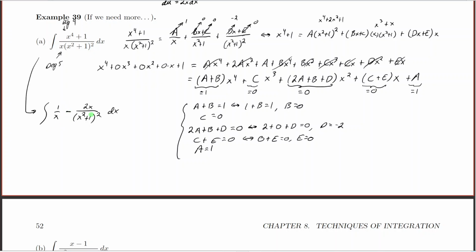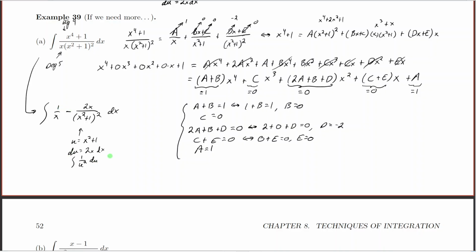And we'll get natural log of the absolute value of x from here. And in this one, we're going to let u be equal to x squared plus 1. du is equal to 2x dx. And so that u substitution is going to lead us to 1 over u squared du, ignoring the negative for now.